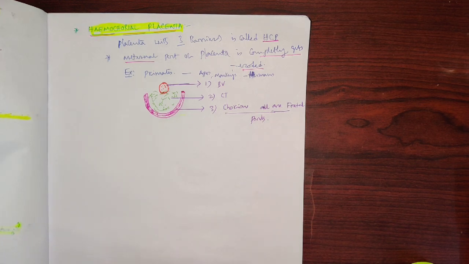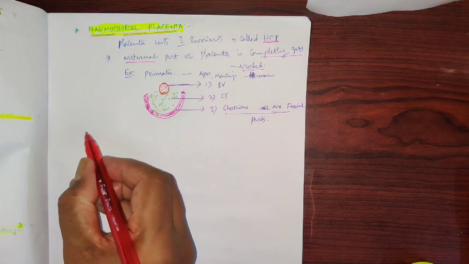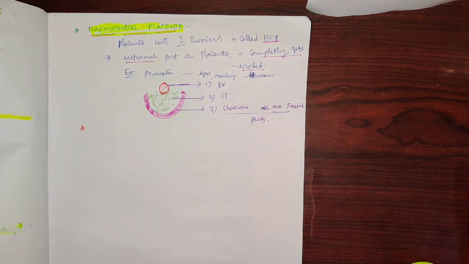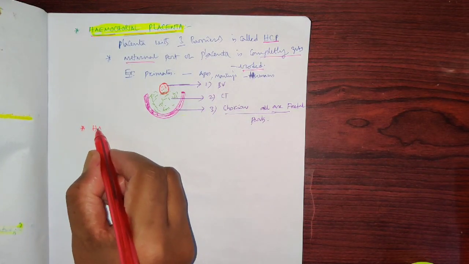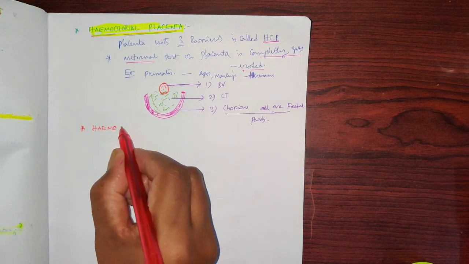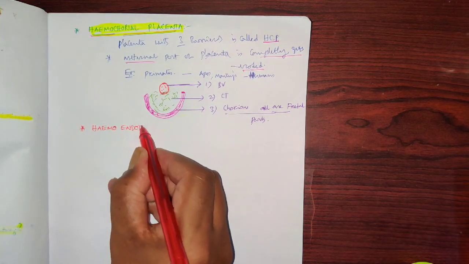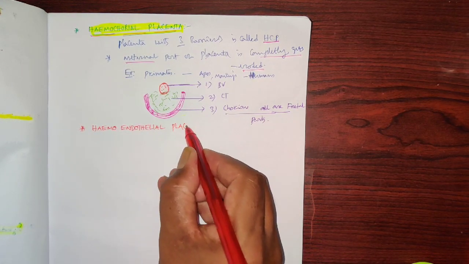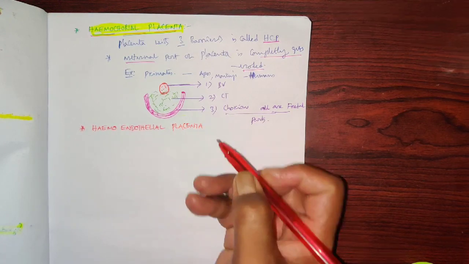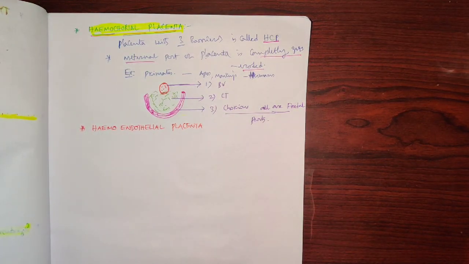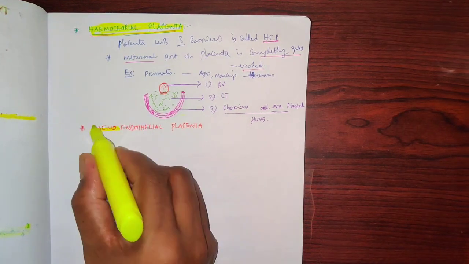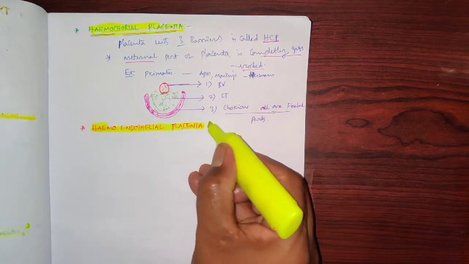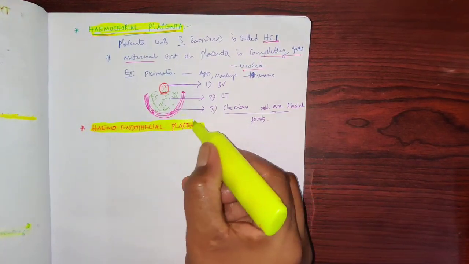It is called hemoendothelial placenta. This is the last type of placenta on the basis of structure.